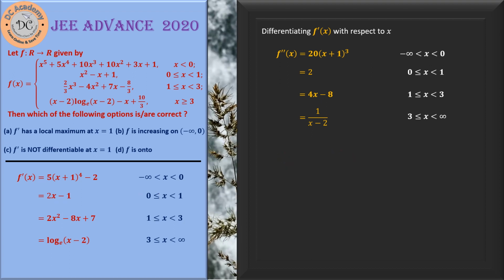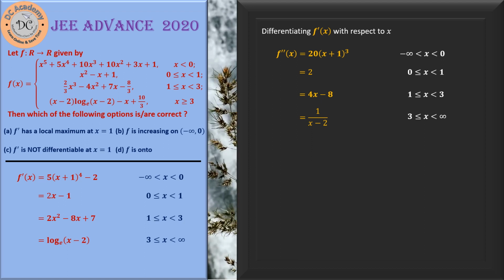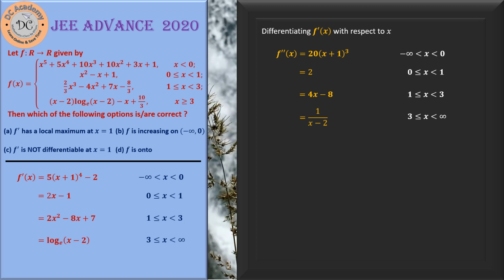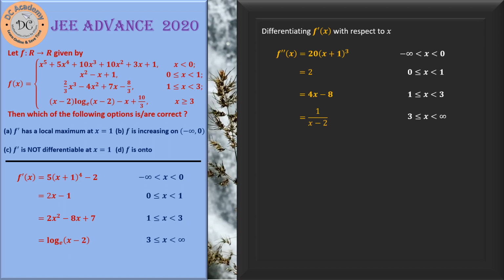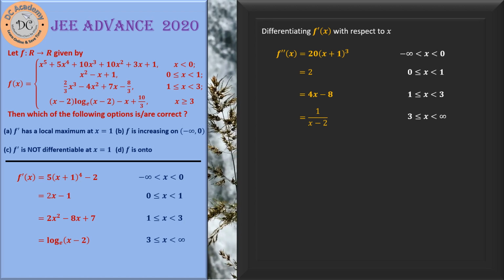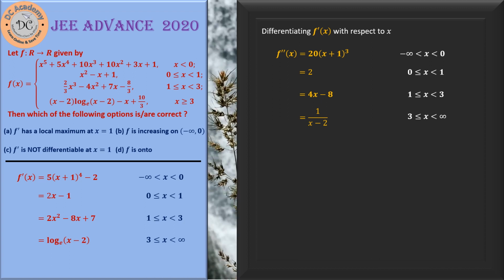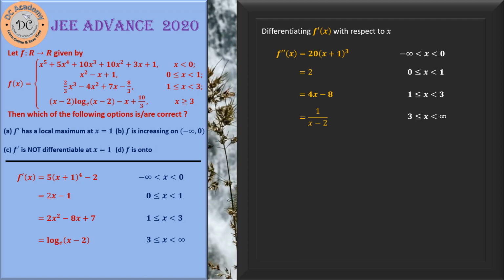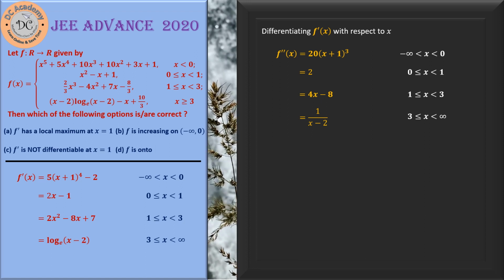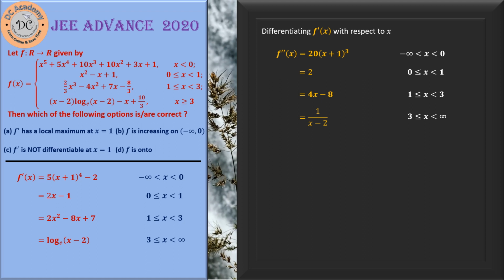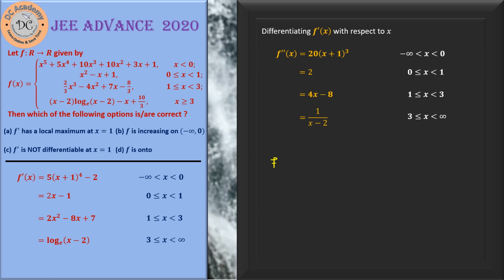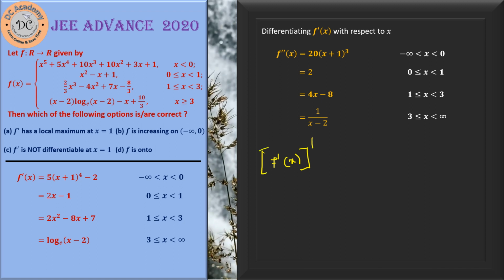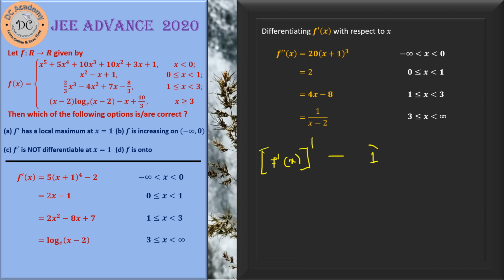But we also know that a critical point means that at that particular point, f double dash x may not exist. If it does not exist, it's a critical point. So here we can test that part as well. We have to check whether the derivative of f dash x exists at x equal to 1 or not.